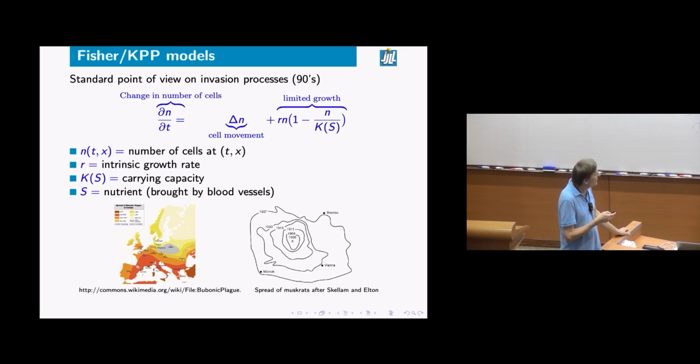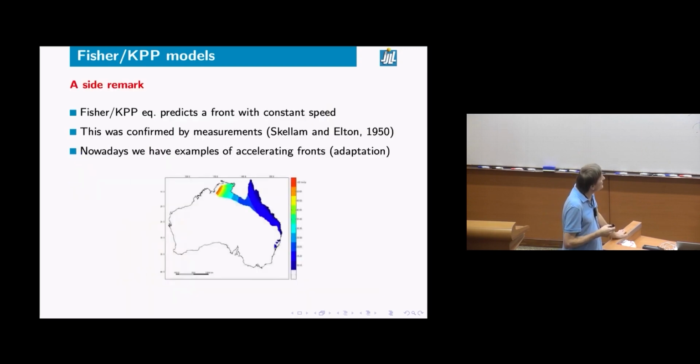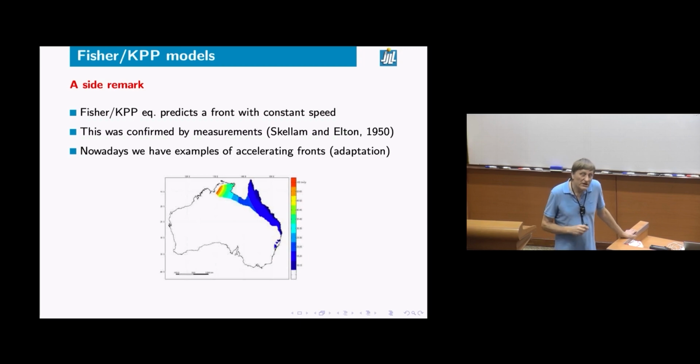And it's only recently that this observation has been completed by other observations. That is not always true, and there can be accelerating fronts, which are much less studied in mathematics than the traveling fronts.